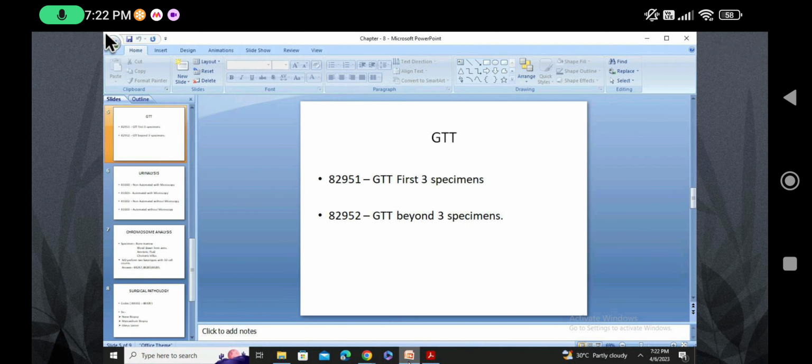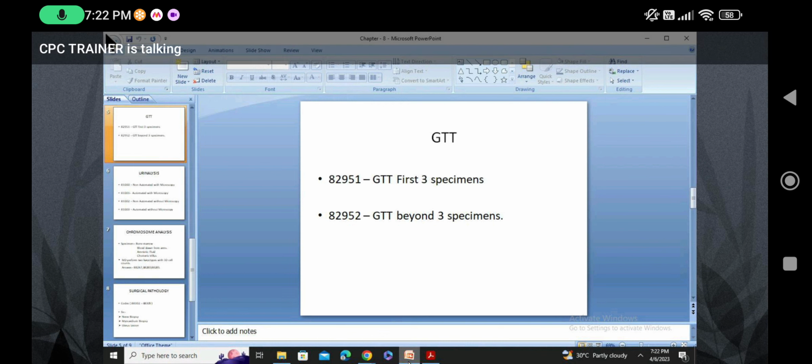So again I repeat, the GTT first 3 specimens we use 82951, and beyond 3 specimens 82952. So this is the concept.